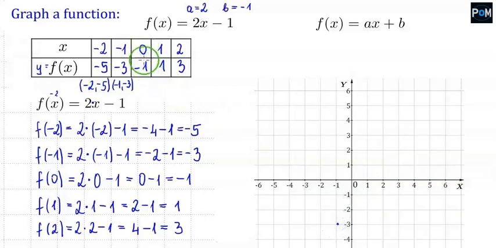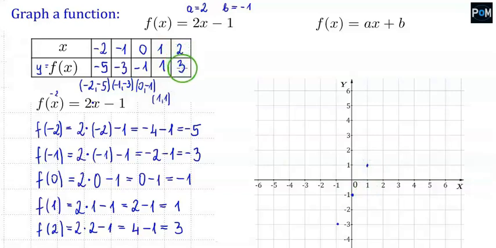The next one will be from this column, and here at the first spot we have 0, and at the second spot we have -1. Such a point is marked in this way. The first coordinate 0 means that from this spot we neither move left nor right. The second coordinate being -1 means we go down by 1. That's it. The next point is the coordinates 1 and 1. 1 to the right, 1 up.